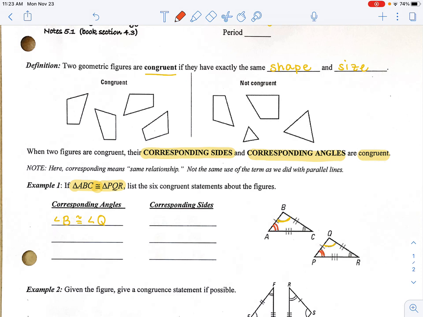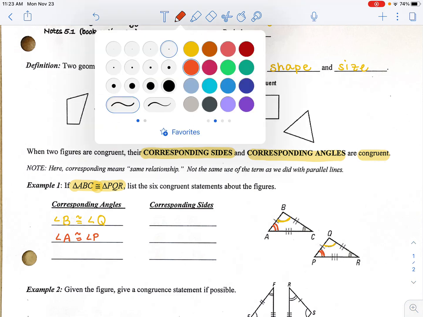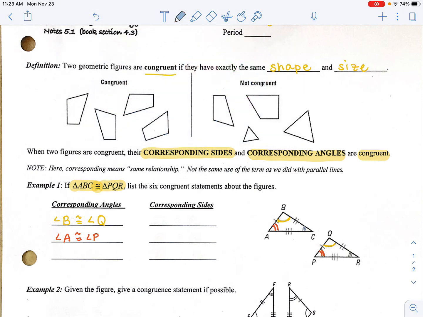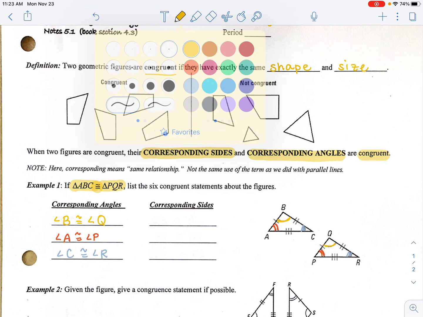A has 2. The corresponding one is angle P that also has 2. So I would say angle A is congruent to angle P. And lastly, I've got angle C that has 3 and angle R that also has 3. So I would say angle C is congruent to angle R.